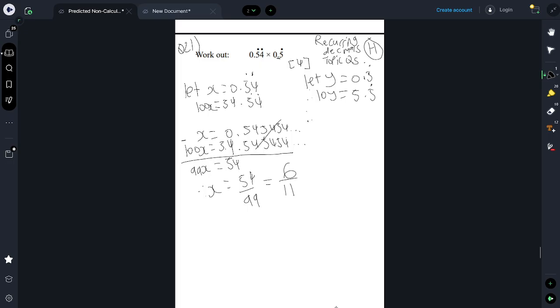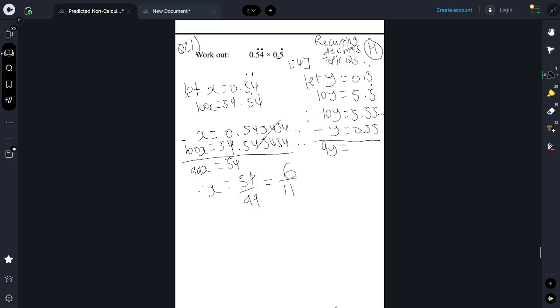Actually, I should put 10y at the front. So 10y is 5.55, and y is 0.55. That should make it clearer. Then 10y minus y, the bigger number minus the smaller, is 9y.